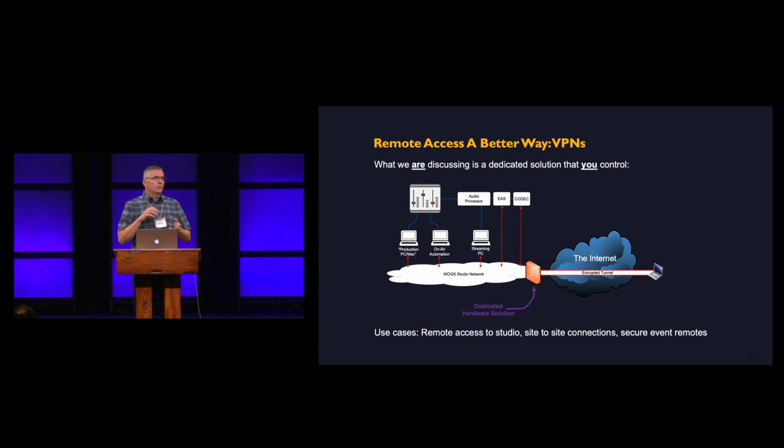It supports talking between your studio and your tower site directly, which your engineer, by the way, will love, because when he comes in the 15th time that week to fix your Windows automation system, he can also get to your other stuff at the tower site, right, without having to stand on his head to do it, okay? It's a matter of convenience. But it also supports remotes, okay? And that's really where we're headed with this talk.